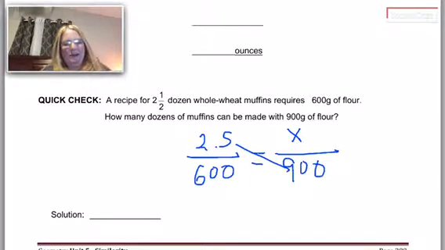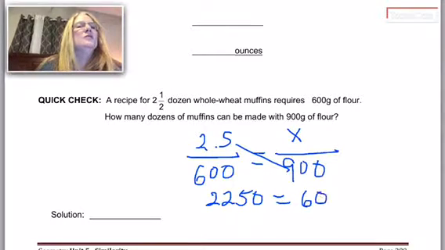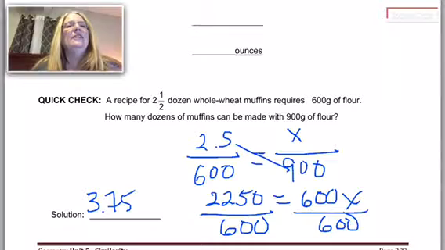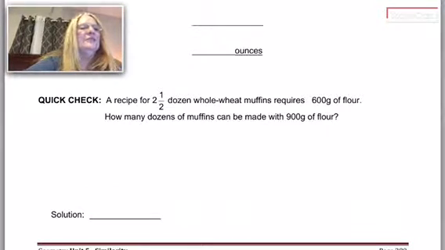If you cross multiply, 900 times 2.5 is 2250 is equal to 600x. And then you divide, and you get 3.75, and this is dozen. So you can make 3.75 dozen muffins. Okay, so let's look at the next one.